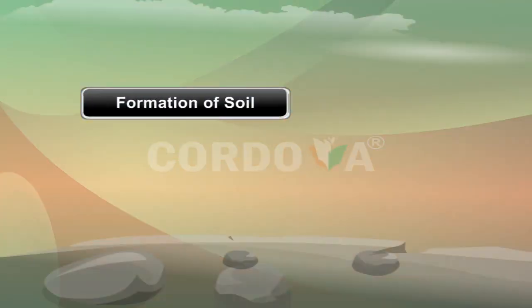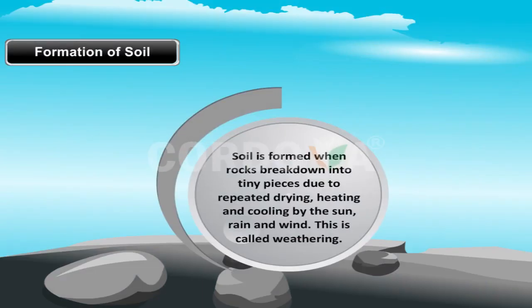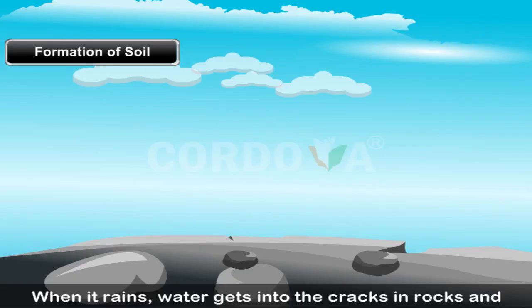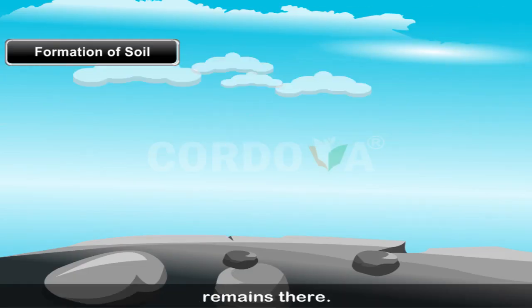Formation of soil. Soil is formed when rocks break down into tiny pieces due to repeated drying, heating and cooling by the sun, rain and wind. This is called weathering. When it rains, water gets into the cracks in rocks and remains there.